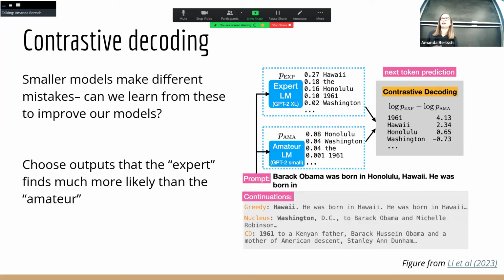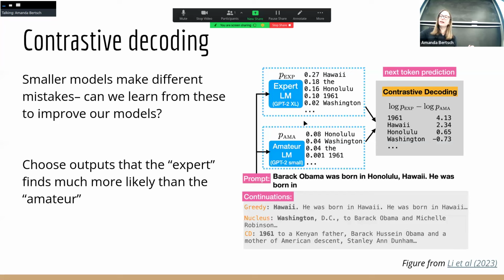Yeah, how weak should the weak predictor be? In the paper, what they're looking at is actually not a huge difference between the two models. You can see here, this is GPT-2 XL and small. So there's a difference in parameter counts and a bit of a difference in data, I think. But GPT-2 XL is certainly not a super strong model now.